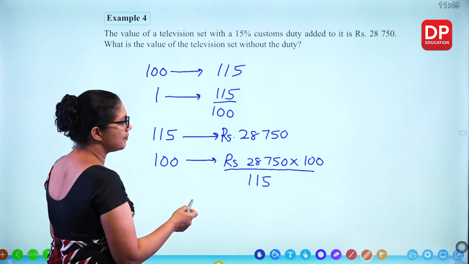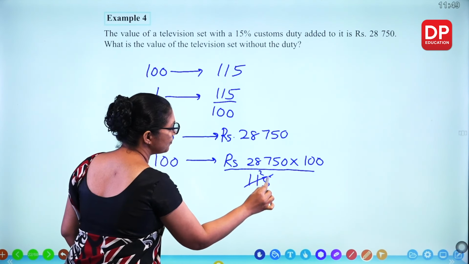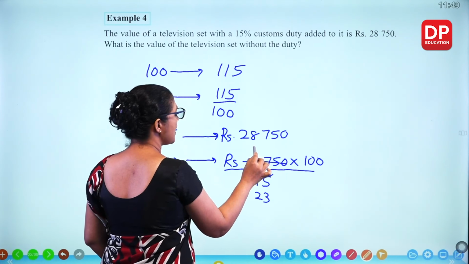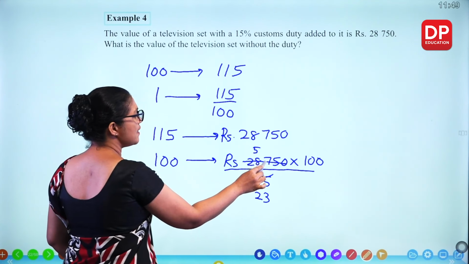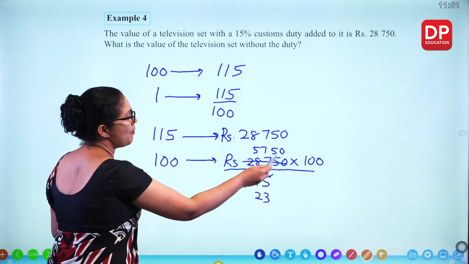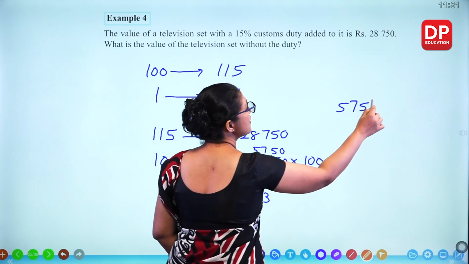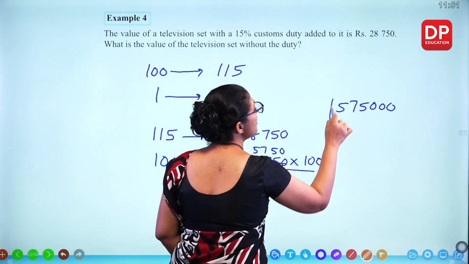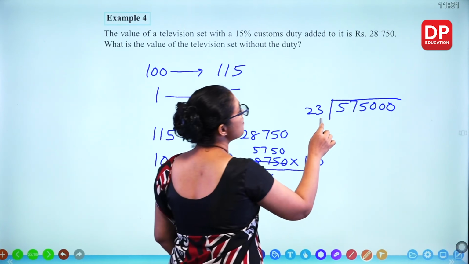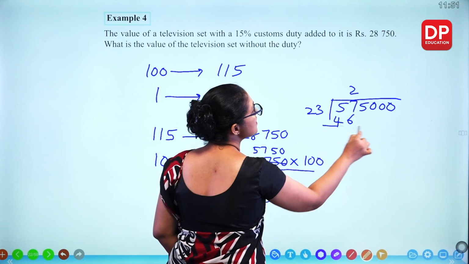So divide by 5. 23. Divide by 5 here. 5 times 5, 25. 37, 7 and again another 5. Now multiply by 100. You get 575 with 3 zeros. Divide by 23. 23 times 2, you get 46.